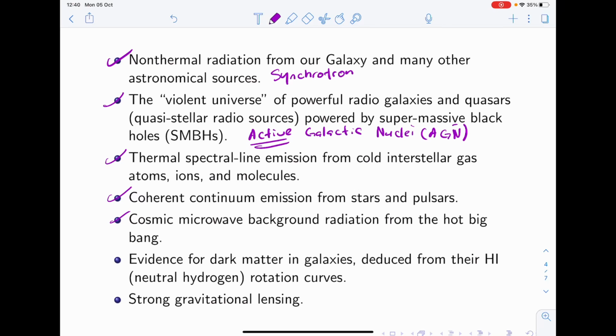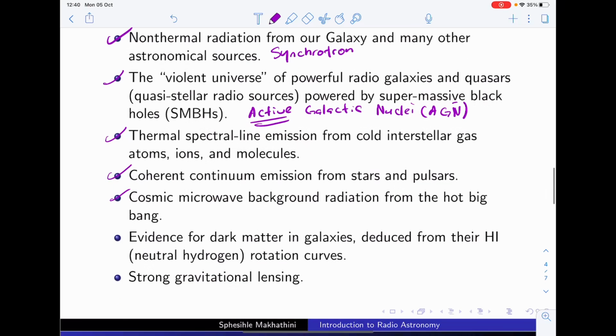We also found evidence for dark matter by studying the rotation curves of galaxies, seeing how the hydrogen moves in those galaxies, and strong gravitational lensing, which in a way the image from EHT, if you remember this, the EHT image of the black hole event horizon.